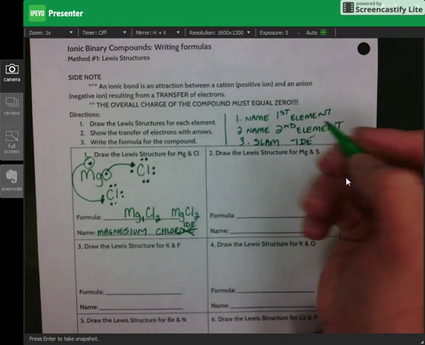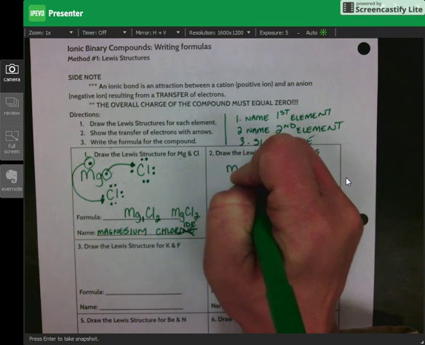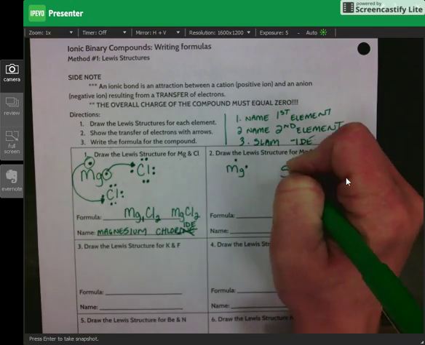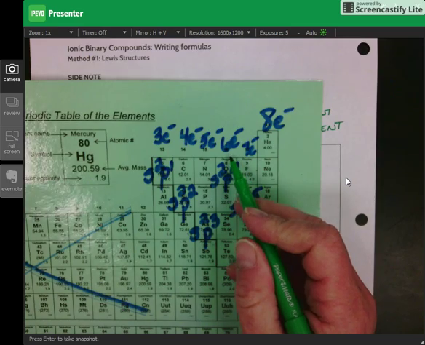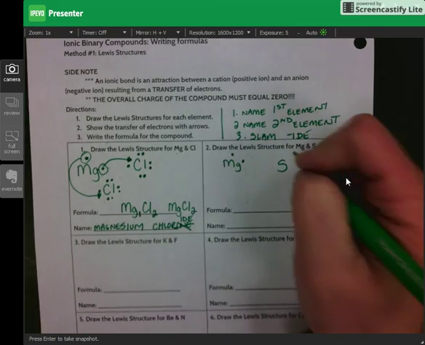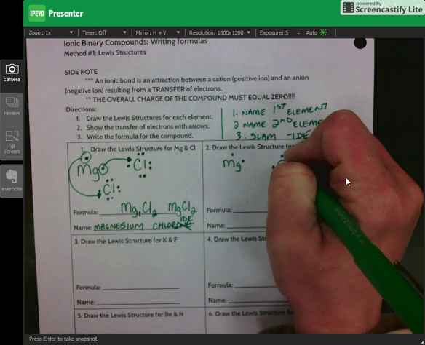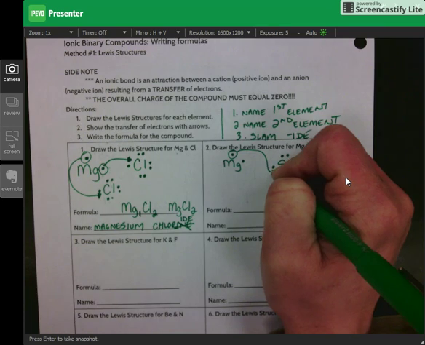Okay, let's do one more. So we've got magnesium again with 2. And we have sulfur. It's in group 16, which means it's going to have 6 valence electrons. So it's going to go 1, 2, 3, 4, 5, 6. This guy is going to give it here.